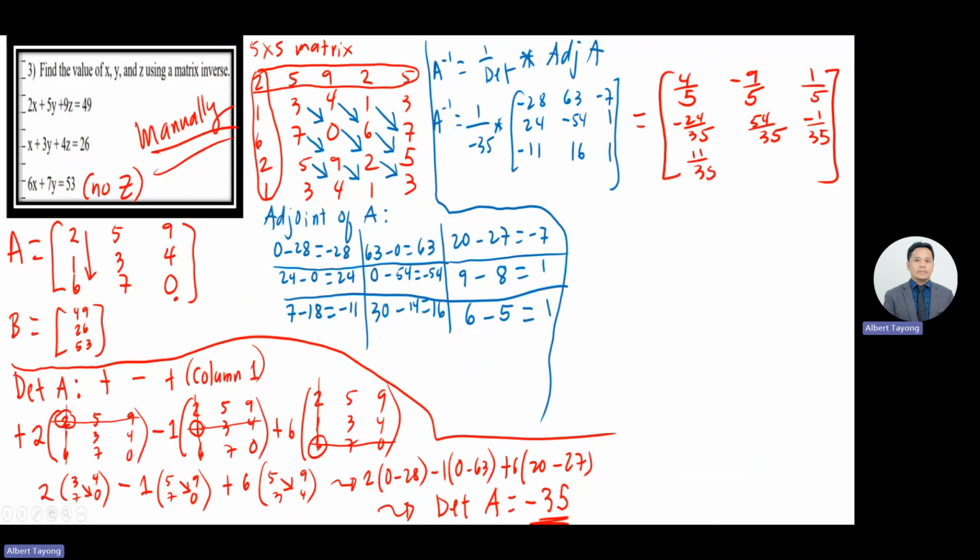That will become positive. Here we have positive 16, so that will become negative 16. And the last one will be positive and negative, so negative 1 over 35. So that is our inverse. We have 4 over 5, negative 9 over 5, 1 over 5, until the last. Now, let's find the value of x, y, z.